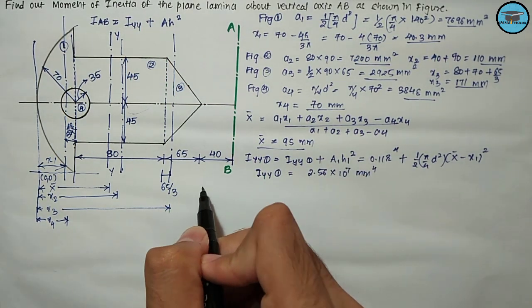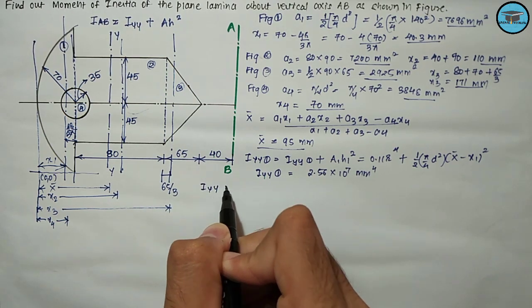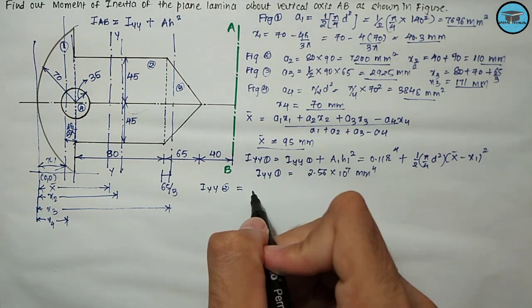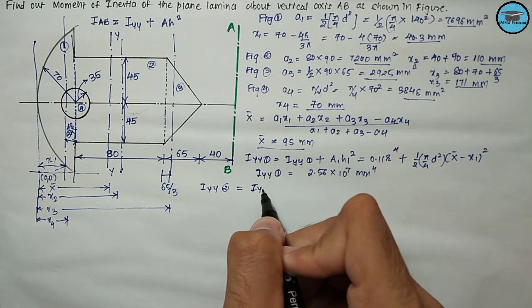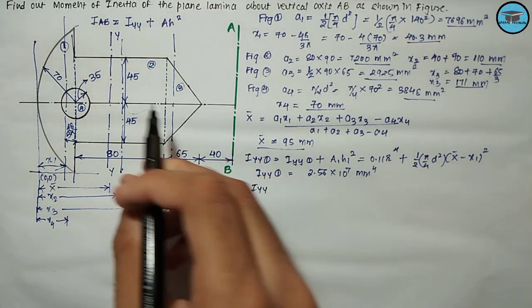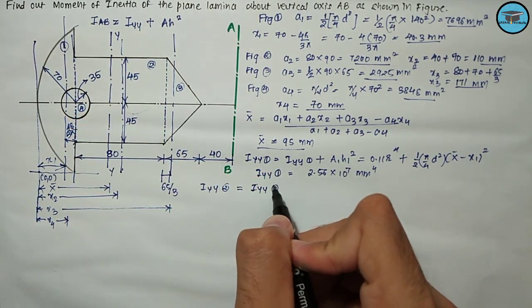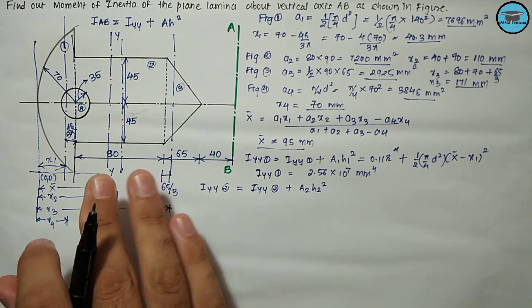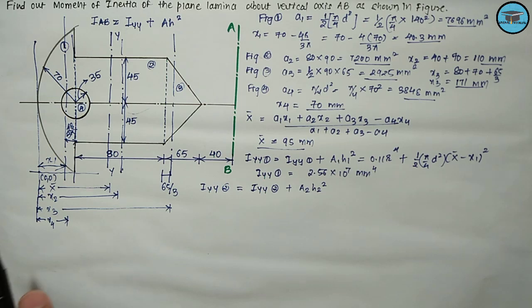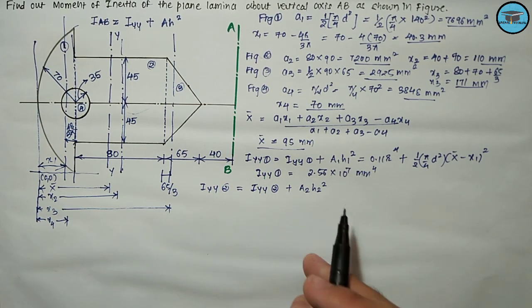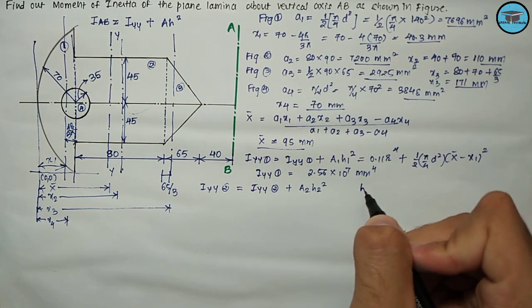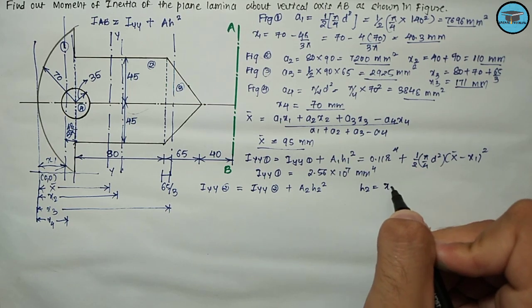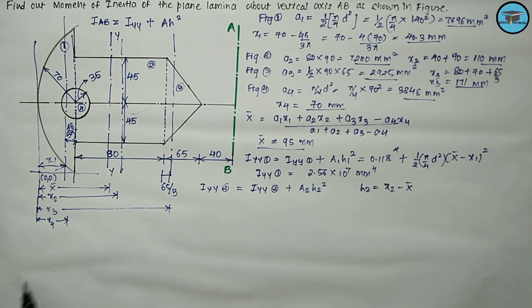Similarly, the moment of inertia about the y axis for plane figure 2 can be given as the moment of inertia about the local y axis plus a2 into h2 square, where h2 is nothing but the distance between these two axes, x2 minus x bar.